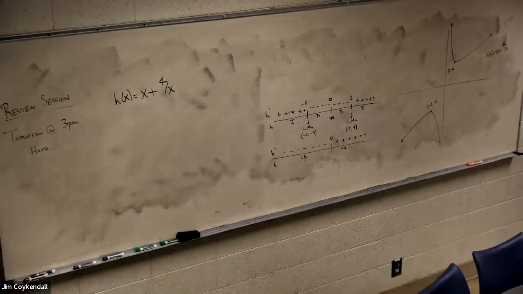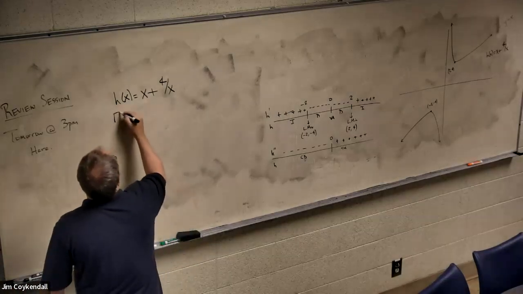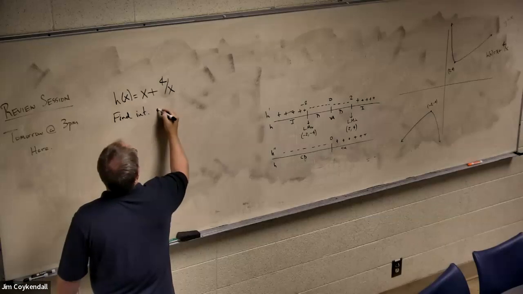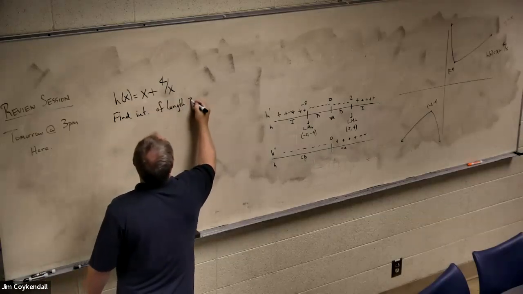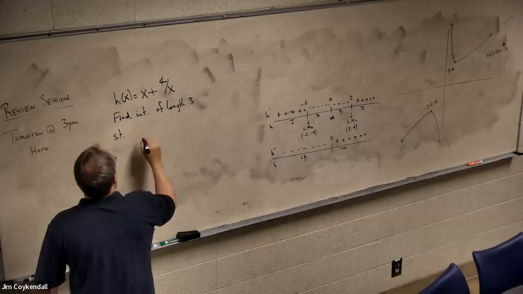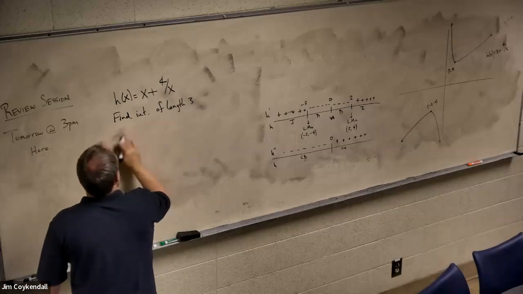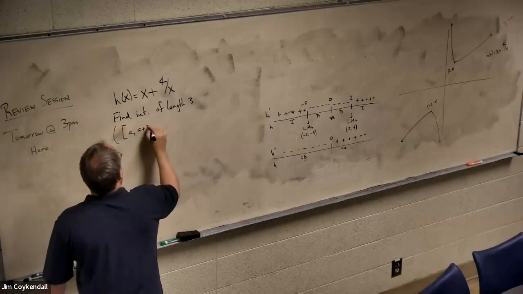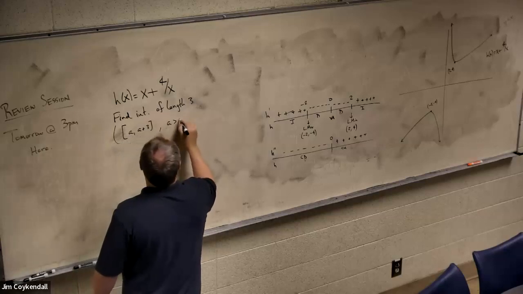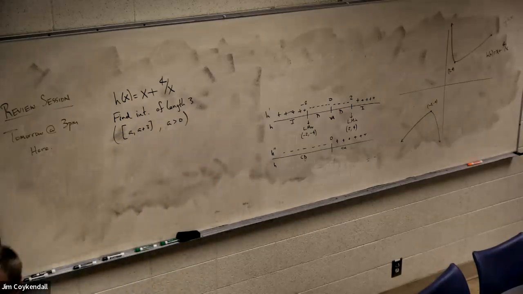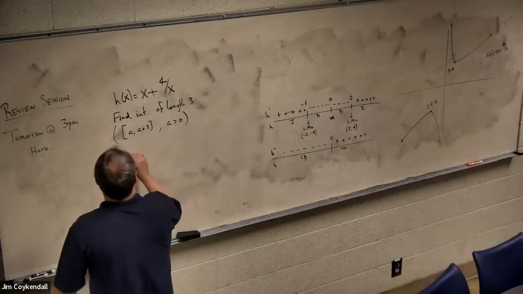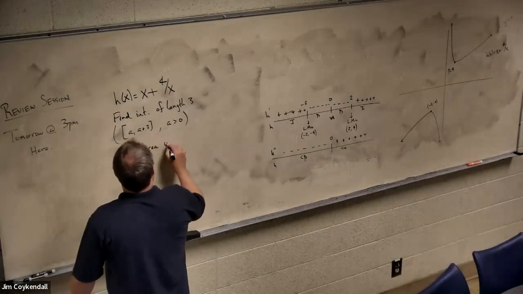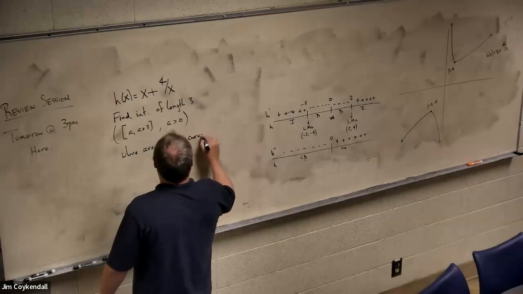The question was, find the interval of length 3, such that A is bigger than 0, for which the area under the curve is minimal.